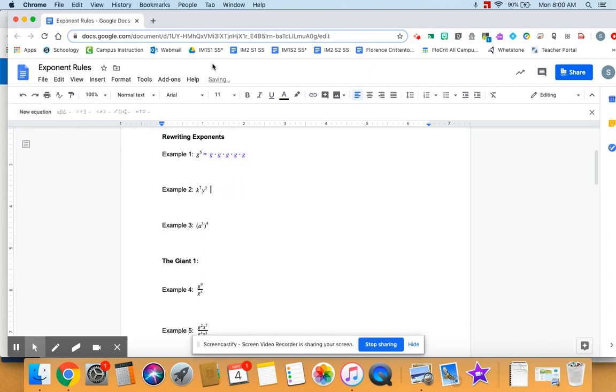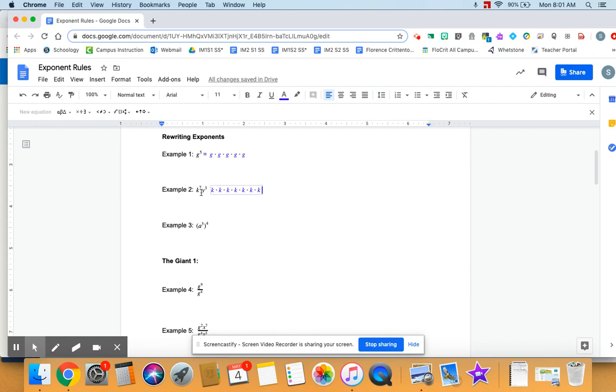So if I did this again with a new example, where I'm just writing them out the long way. K to the power of 7 means k times k times k, 4, 5, 6, 7.